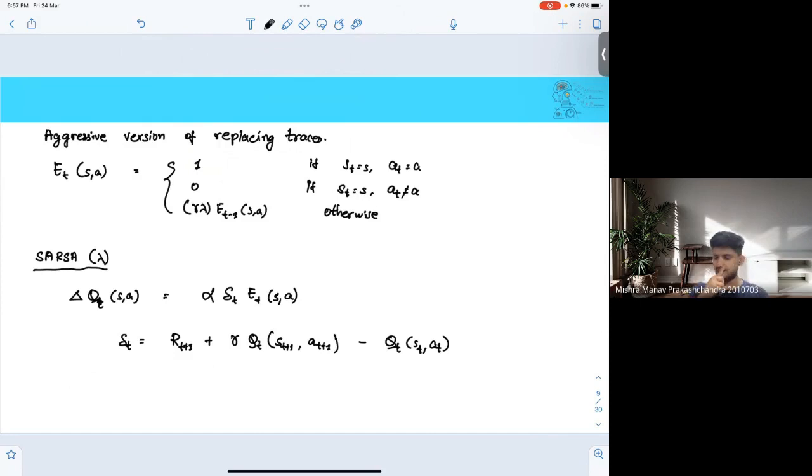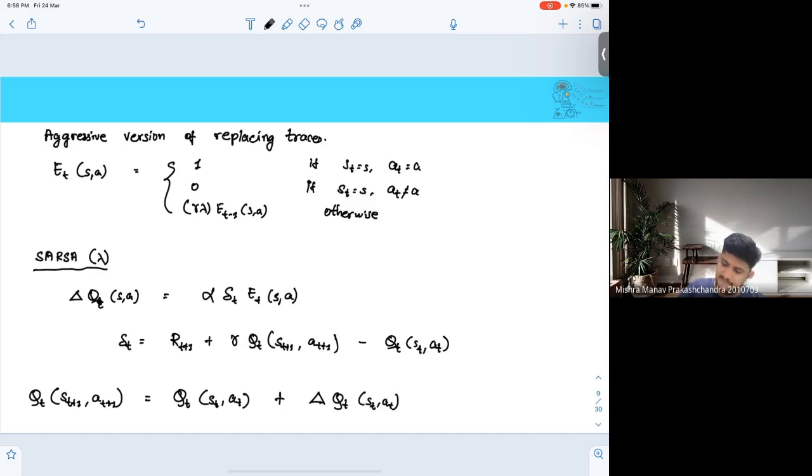And eventually my Q_t+1(S_t, A_t) is equal to Q_t(S_t, A_t) plus this delta_t e_t.